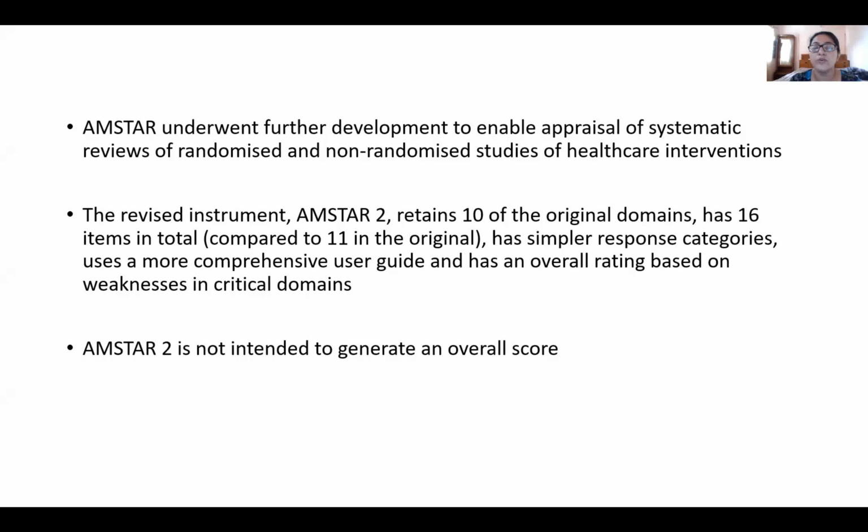For AMSTAR, an overall score is not generated. For each domain, we give a rating, whether there is a critical flaw or no flaw, or whether the weakness is critical or non-critical. Accordingly, each item is rated, but we do not obtain an overall score. We do not combine all the scores together.